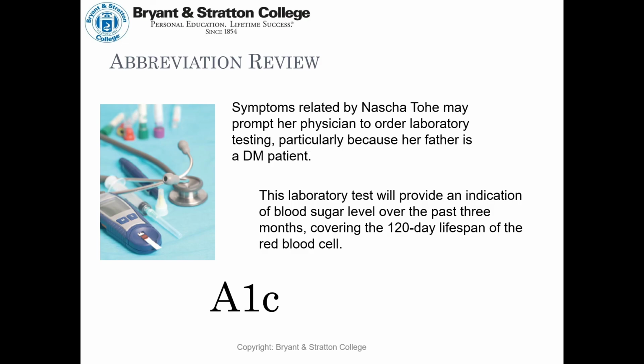A1C is great because it allows us to really look at the last 120 days. And without going too in depth, it's because a red blood cell tends to live at least 120 days. So we can test the A1C level based on the red blood cell. Okay? So that is all for the endocrine system.